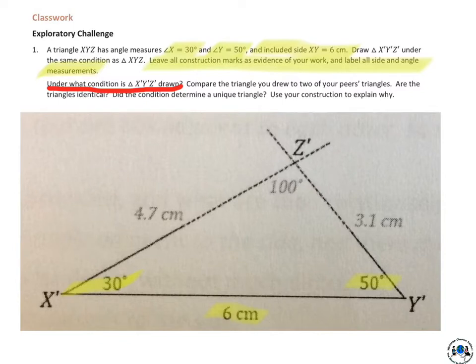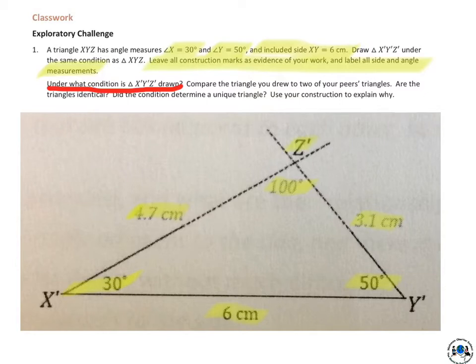We measured all these different sides, and we see 4.7 centimeters here, 3.1 centimeters here. Your numbers are probably going to be very similar. This, of course, is 100 degrees because we have 30 and 50 already, so it needs to be 180 total.